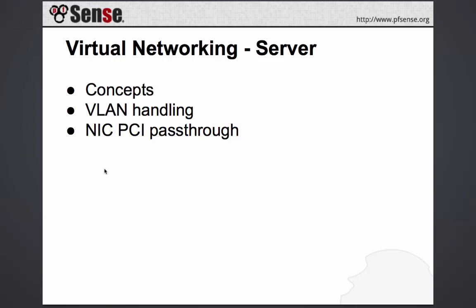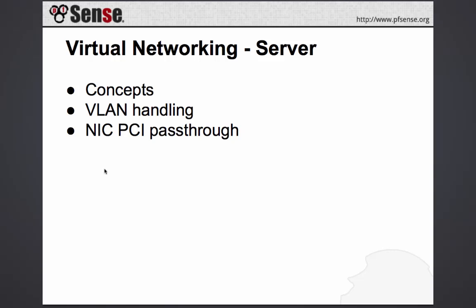But other than that, the bulk of your virtual networks in these types of environments will be virtual only, essentially, or bridged over to a physical port of some sort. VLANs are much more common in this case.